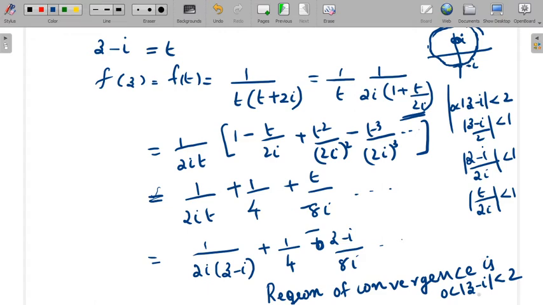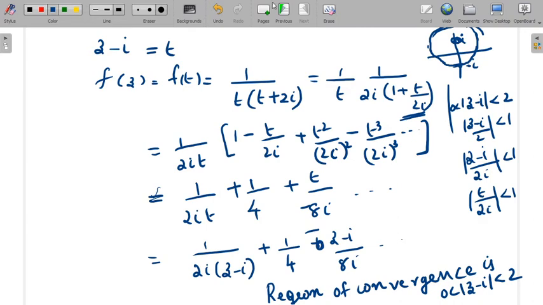The radius of convergence is from the center to the nearest singular point. The other singular point is minus i, and the distance from i to minus i is 2. So we are expanding this in the deleted neighborhood 0 less than mod z minus i less than 2.